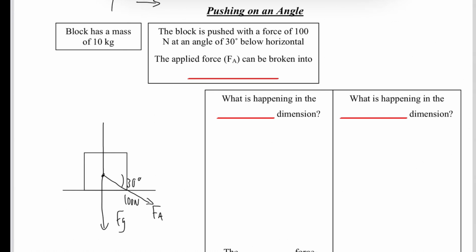So upwards, we will also have a normal force, and then we will have the X and Y components of the applied force acting as well, which we'll call FAY and FAX. And just like before, what we just did is we broke the applied force into components. So now we want to take a look at each dimension.